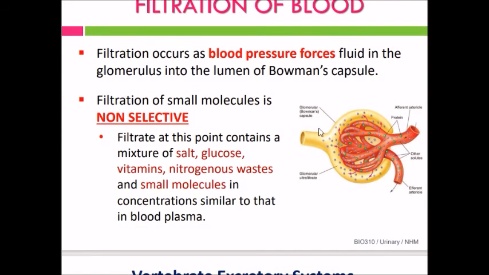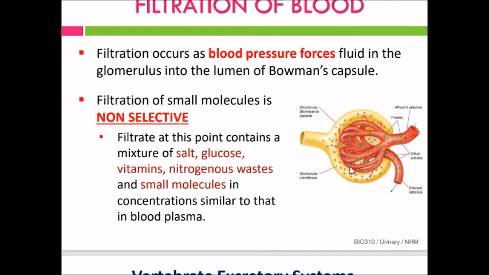As you can see here, at the renal corpuscle, the glomerulus will cause the filtration to occur by forcing the fluid inside the blood to go to the lumen of the Bowman capsule.